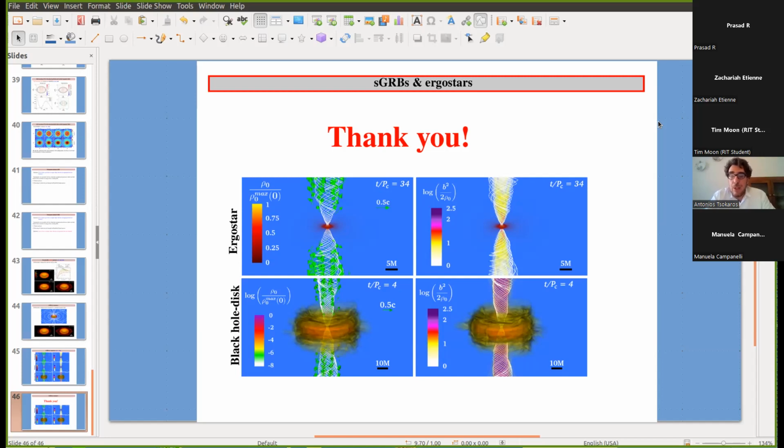Now, the fact that you have some initial data doesn't mean that they are stable. I can construct a simple spherical star with no rotation, and it can be unstable just because I put the density too high.